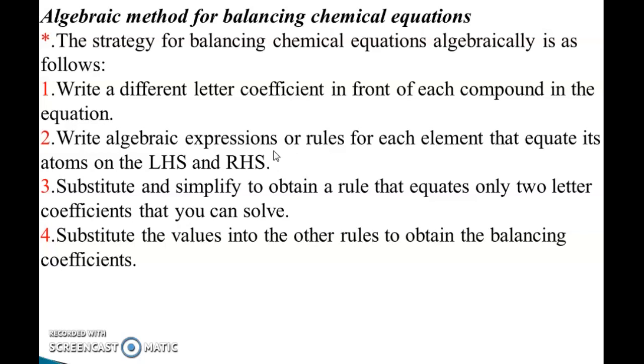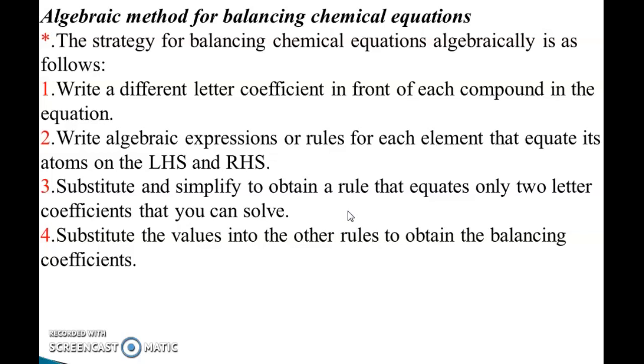We count how many times any element appears in the chemical equation and represent that in the form of letters. The third thing is to substitute and simplify to obtain a rule that equates only two letter coefficients that you can solve.